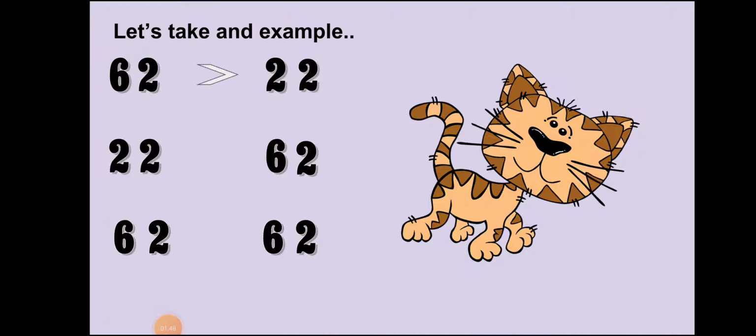Now second one, in 22 and 62 which number is bigger, students? Yes, again 62 is bigger, so the crocodile's face sign is on the 62 side. Now third one, 62 and 62, so this is equal. Okay, so here will come the equal sign.